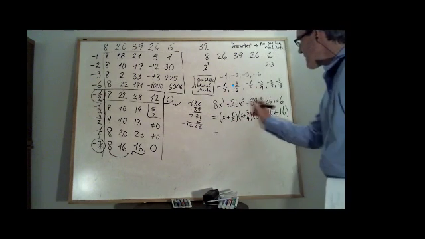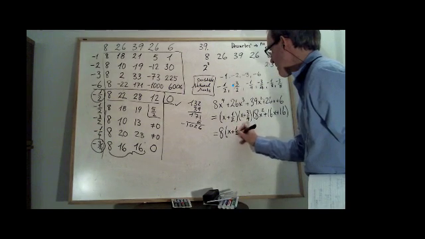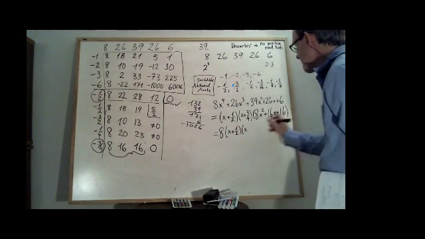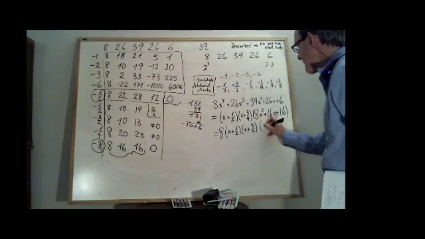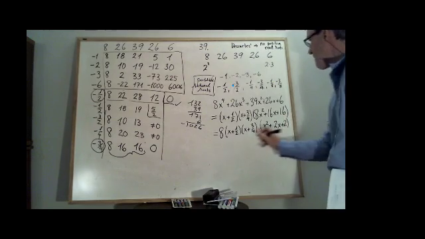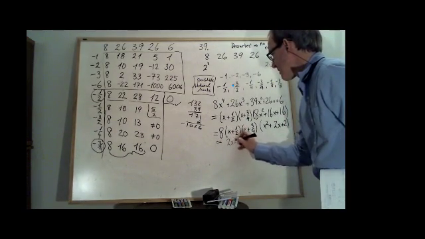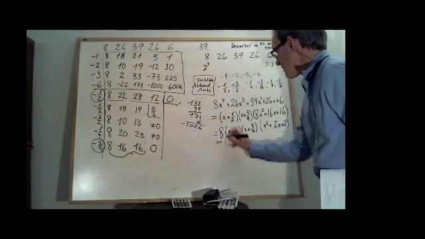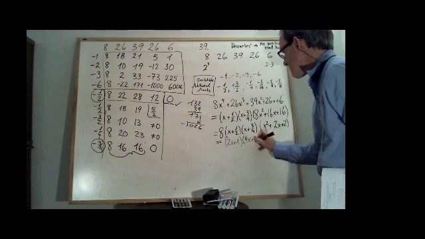Okay, in other words, I can take the 8 out of there, take the 8 out of this one, and multiply by these two, and I get these two factors. And then I take the 2 out of there and multiply that. Take the 4, that's the only remaining factor, and I get 4x plus 3.